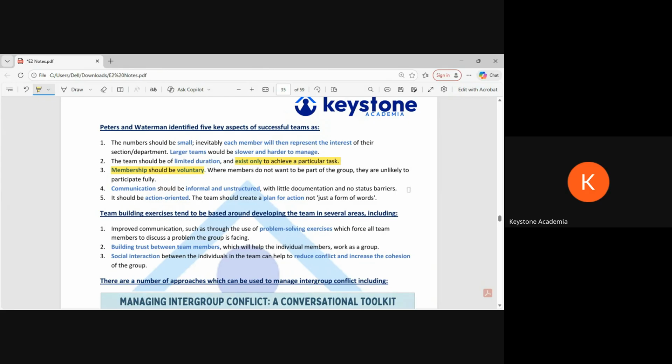So usually people open up in an informal, unstructured event, because in a formal setting, or let's say just through email, people might be just trying to be very nice, or they just want to say what others want to listen to. They're not very honest. So unstructured is very important.